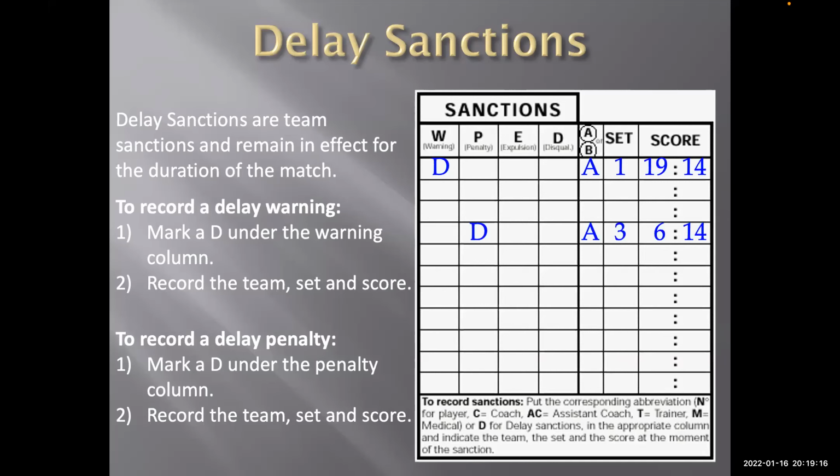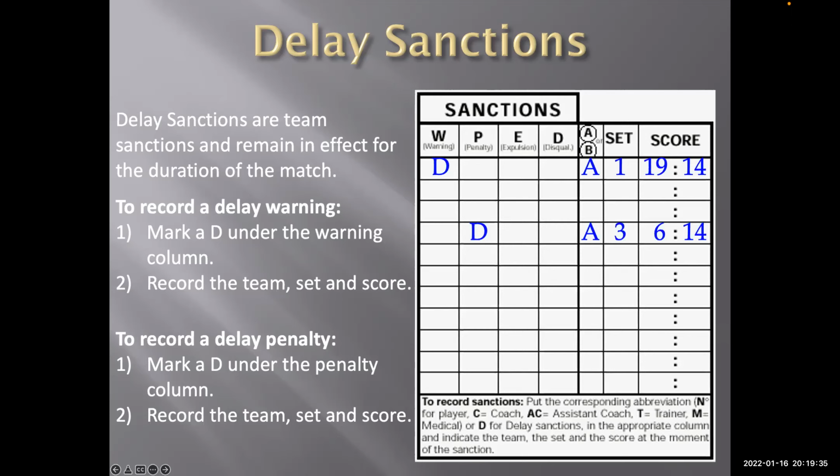So delay warnings, these are team things. You can see there's delay warnings and delay penalties. You would just simply put the D. It is described at the bottom of the sanctions in this box what everything is for. So a D is for delay. You got the delay warning and a delay penalty.